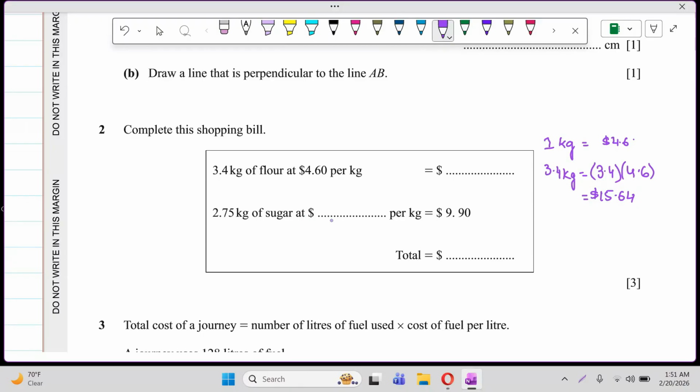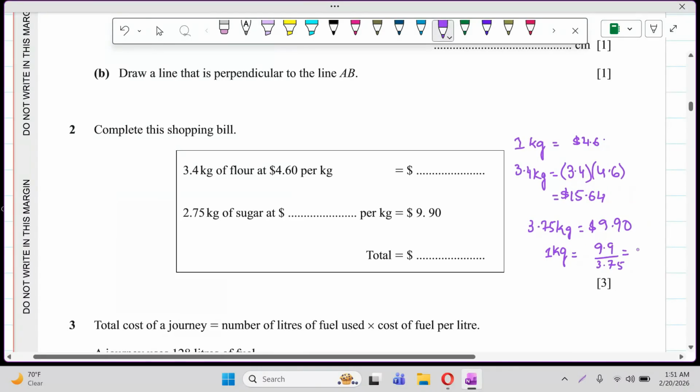2.75 kilogram of sugar at the rate of dash dollar per kilogram is 9.90. So 2.75 kilogram of sugar is equal to $9.90, so 1 kilogram of sugar is equal to 9.9 over 3.75.